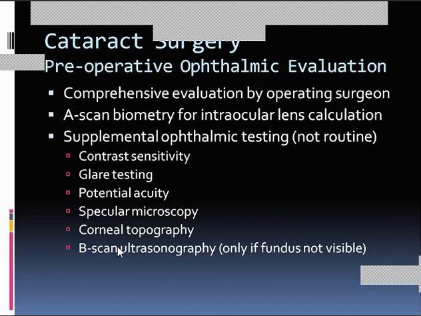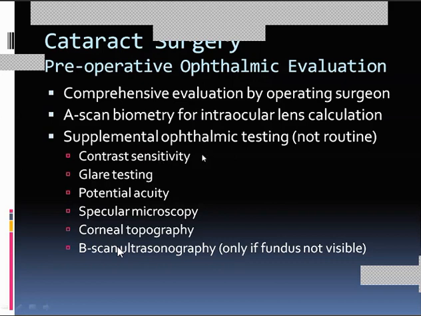We have to calculate this first by doing the A-scan biometry, and then we can do the other tests also, like contrast sensitivity, but we are not doing them routinely. If available, we can do contrast sensitivity, glare testing, potential acuity, specular microscopy, corneal topography, and B-scan ultrasonography. But we do B-scan ultrasonography regularly in the case of hypermature cataract.